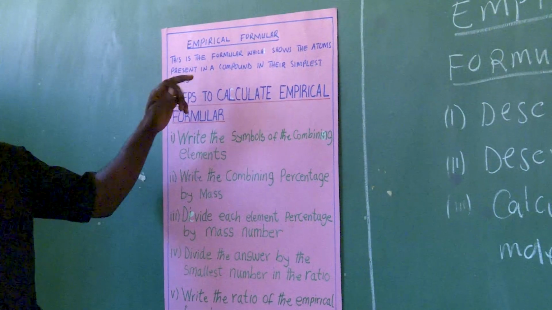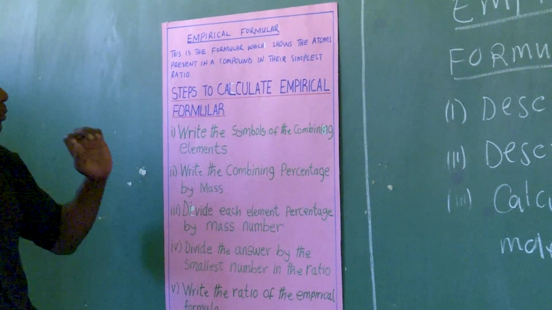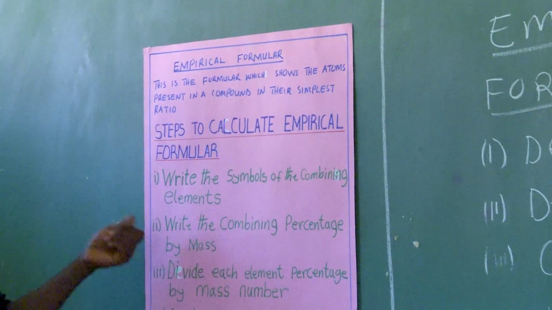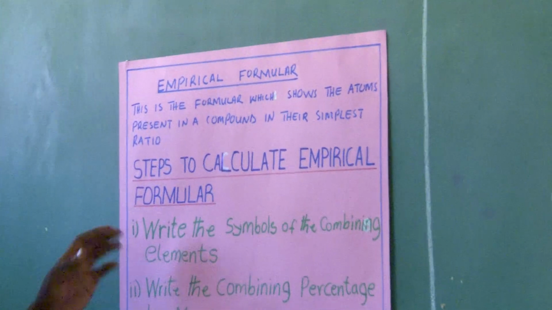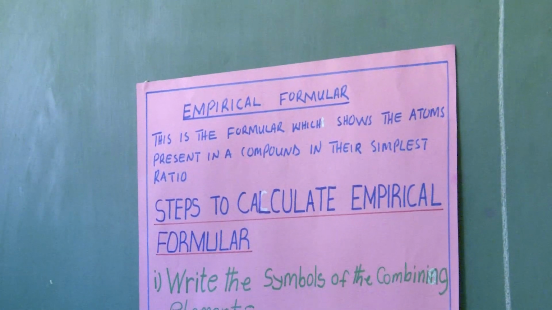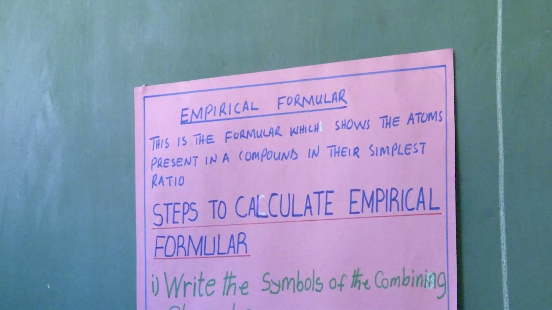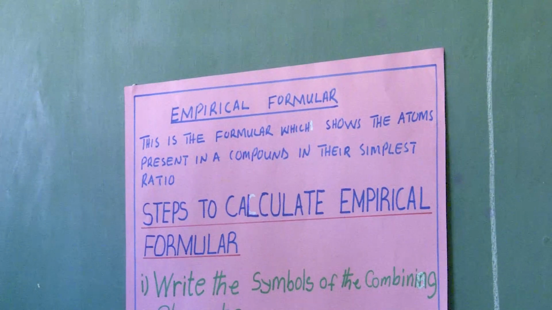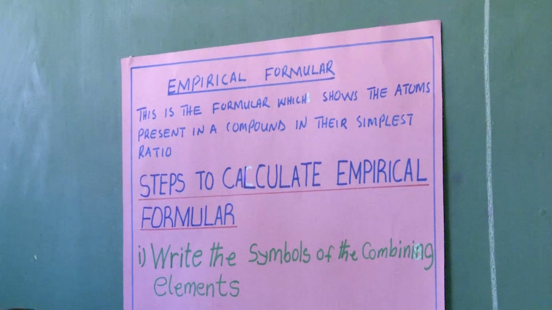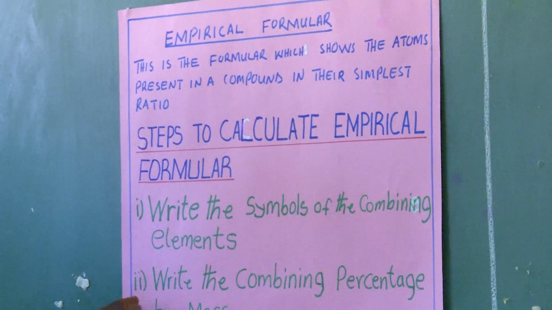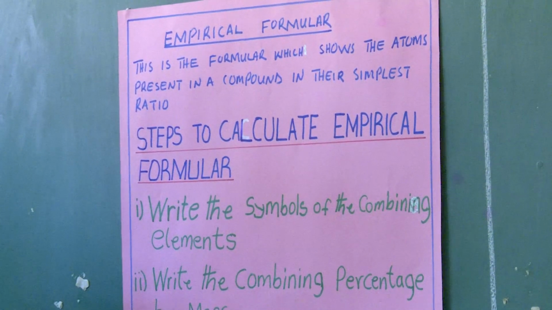This is what is known as an empirical formula. Are we okay? Now, when we are determining the empirical formula, we have rules or steps that we normally follow, which will help us to calculate the empirical as well as molecular formula.